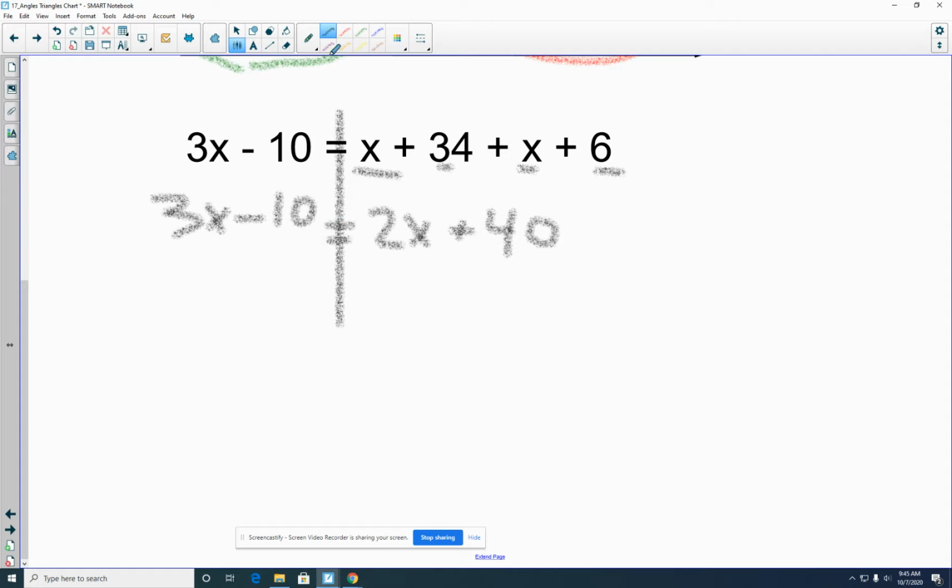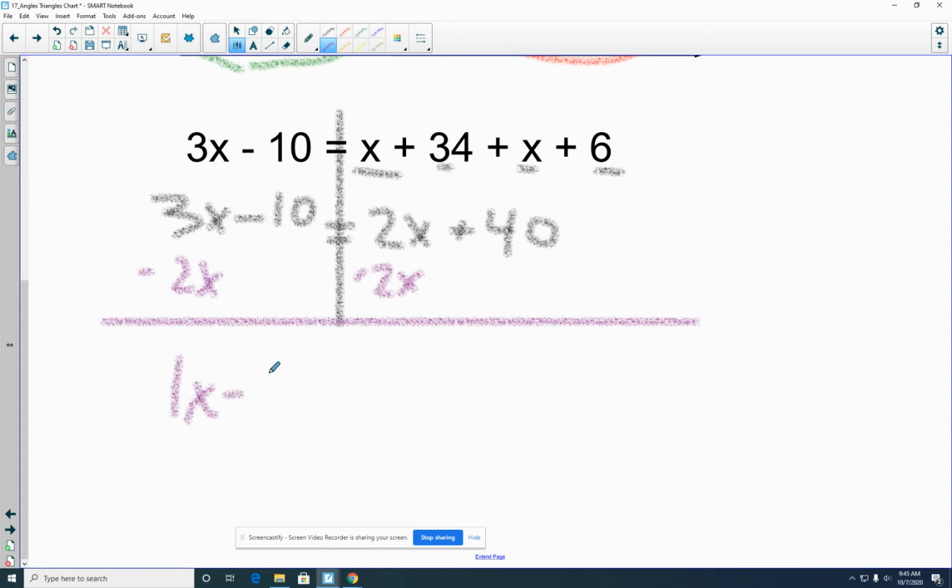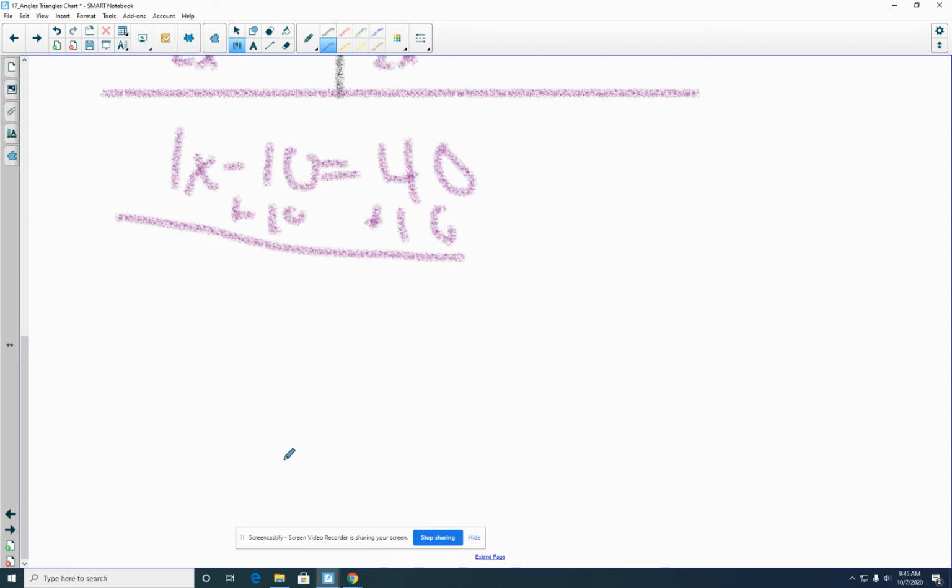To get x alone, I'm going to subtract my smaller variable, the 2x. Now we have 1x minus 10 equals, these cancel, 40. Add 10 to both sides.